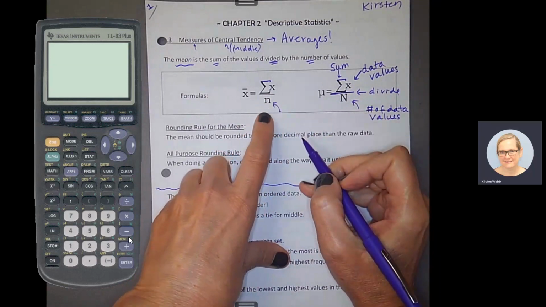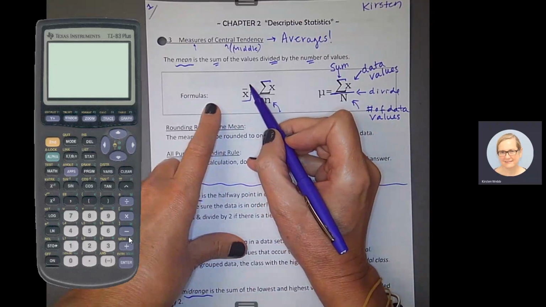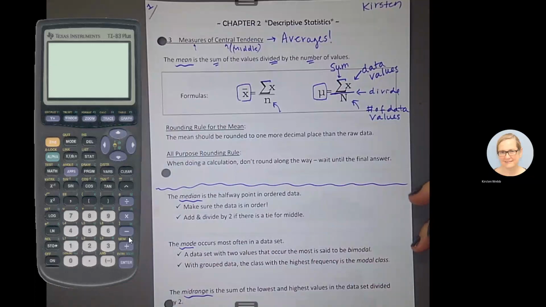The n on this side, though, is lowercase. Not only that, the label on the left of each one is a little bit different. So what we're starting to see here is the different symbols that we use when we're dealing with a sample versus a population.